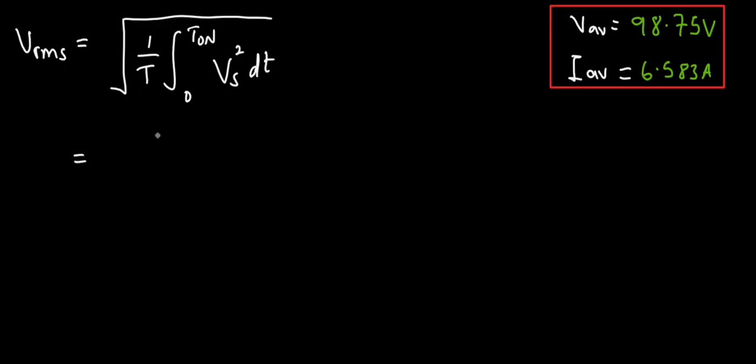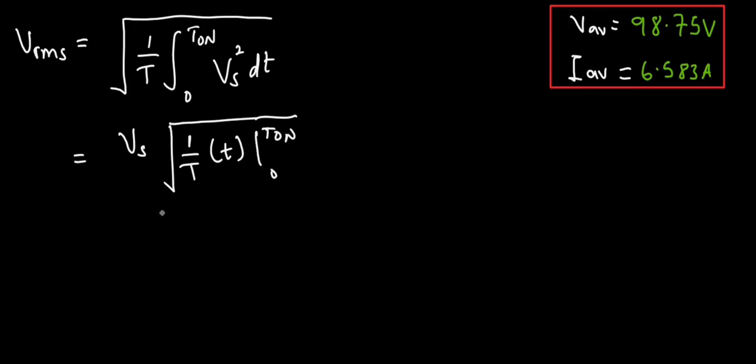So this gives Vs, of course, if we take the square root of Vs squared, we have Vs. Then we have the square root of 1 over T, the integral of dt is T, with limits from 0 to T on.